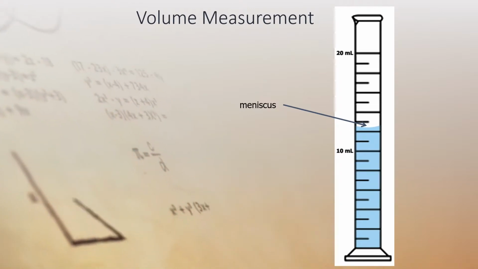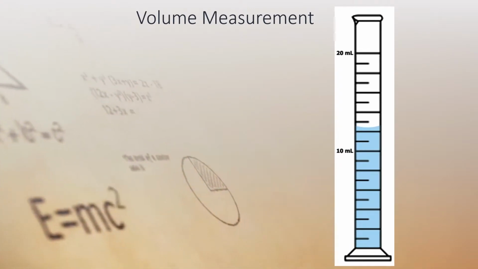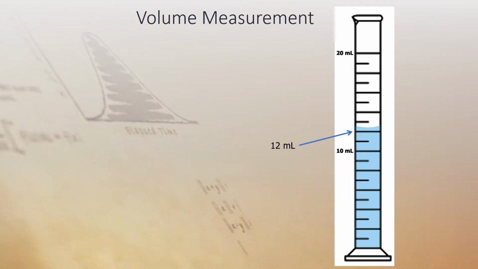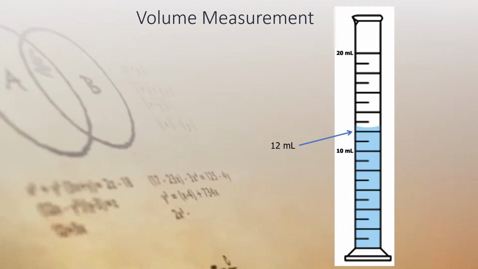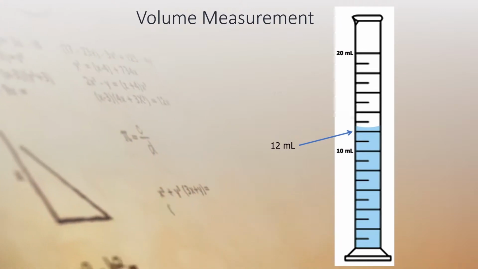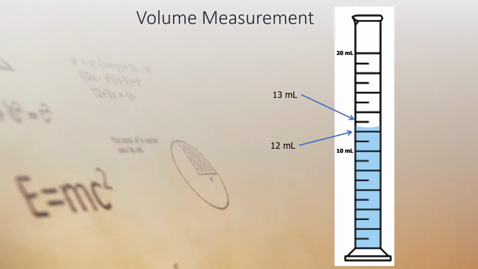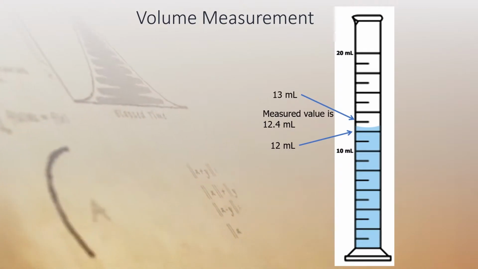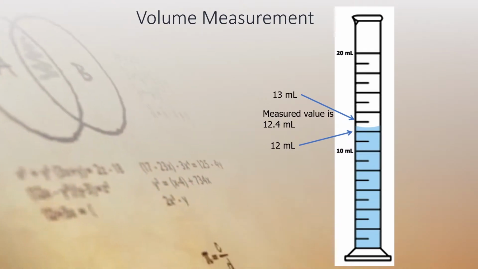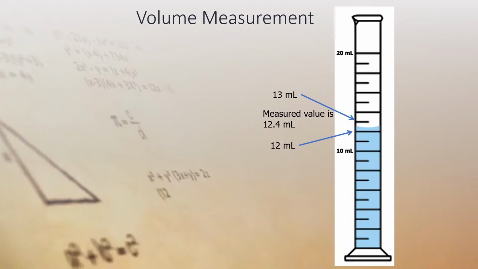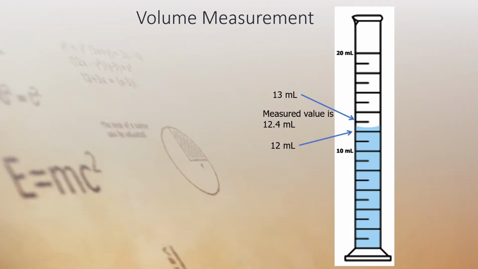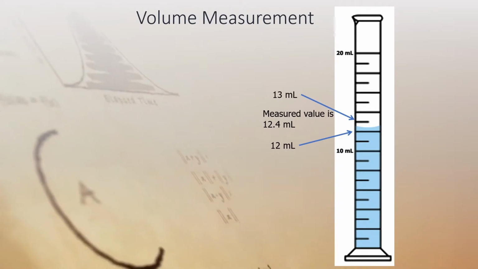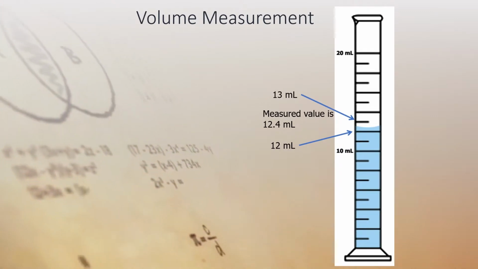Looking at the cylinder, we are sure the volume is at least 12 milliliters, but we know we're not done. I haven't had to estimate a number yet. The value is somewhere between 12 and 13 milliliters, so I estimate the volume to be 12.4 milliliters, though you might see it differently. You would estimate it to be 12.5 or 12.3 milliliters. Remember, though, you have to estimate and record that last digit.